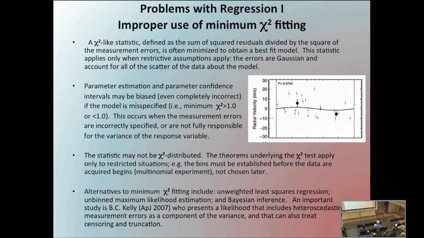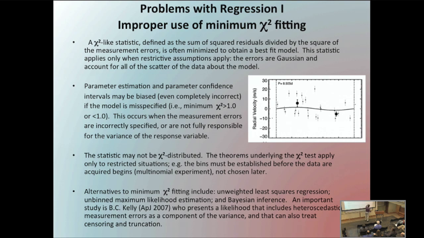The theorem says the probabilities, particularly the degrees of freedom, are well established only in restricted situations, and in particular, it requires that the bins within which you calculate these error bars and values have been determined before you did the experiment. You put bins on the floor, and then you put data in the bins. It's called the multinomial experiment, Pearson 1900. And not chosen later, not divided later.